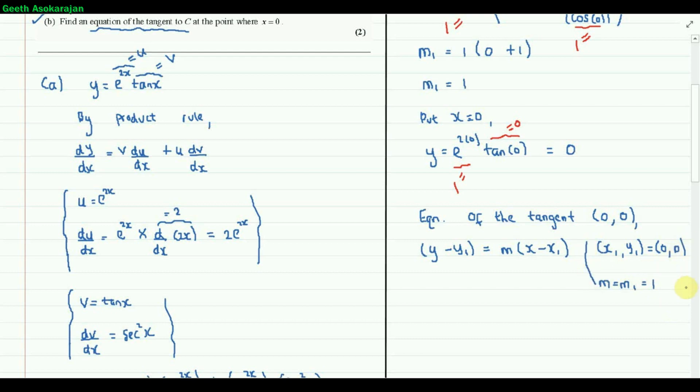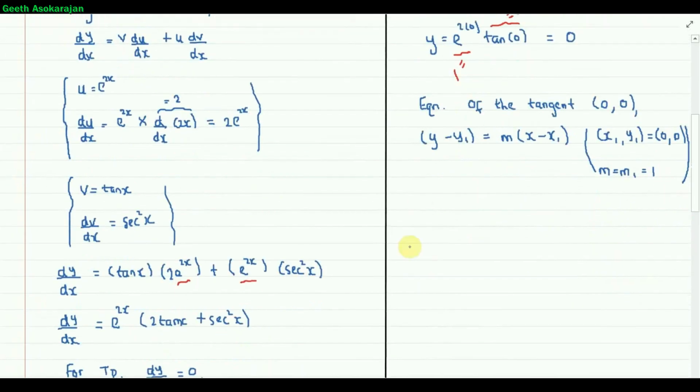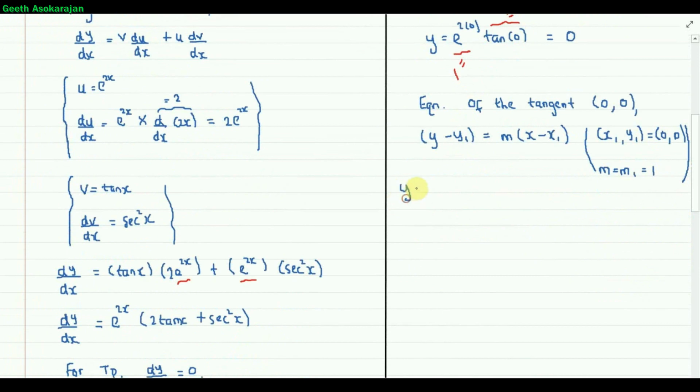So let me group the data and apply it here. We have y minus y1 is 0, and that is equal to m being 1, so it's 1 into x minus x1. x1 is 0, and if we multiply the brackets, y minus 0 on the left is simply y. 1 times x is x.